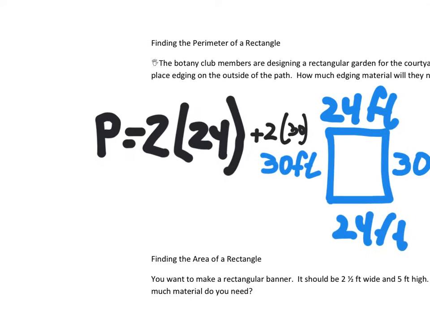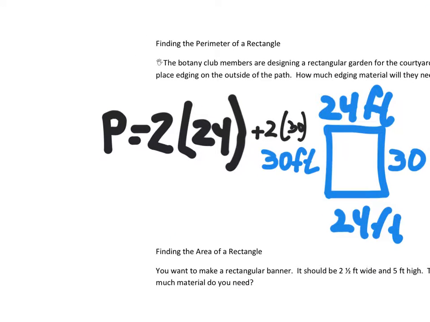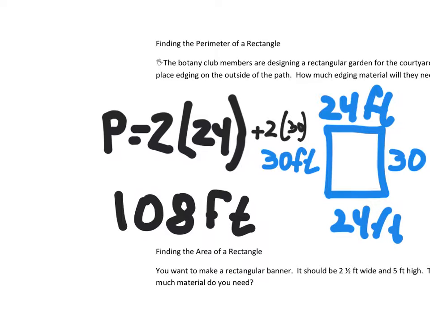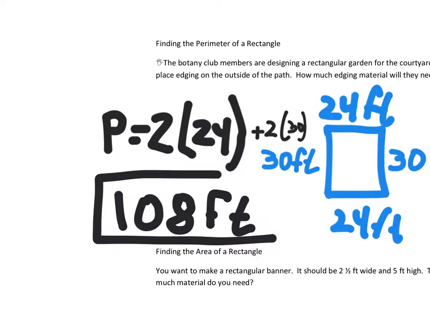Now, when I calculate this, or adding all of them up individually, which would still get us the same answer because perimeter is just the outside edges, we will get 108 feet, all right, and it's just feet because we're talking about perimeter, as our answer.